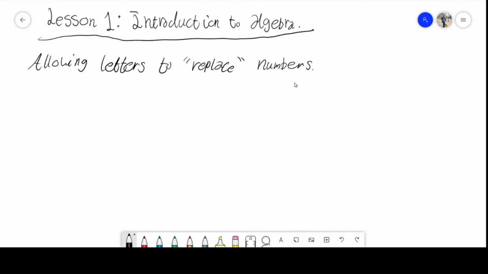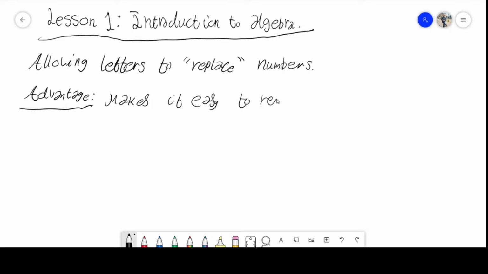Now, there's a big advantage to this. That being, it makes it easy to retool one equation for many different situations.